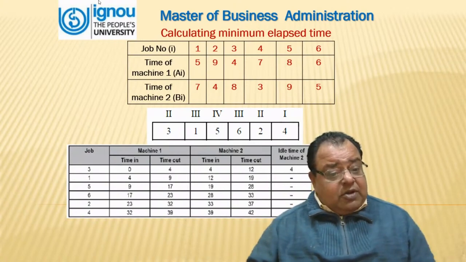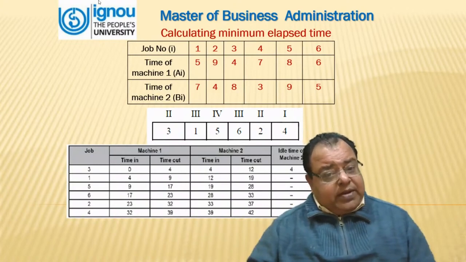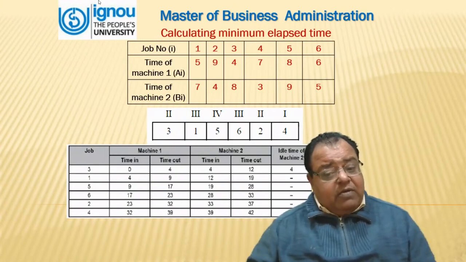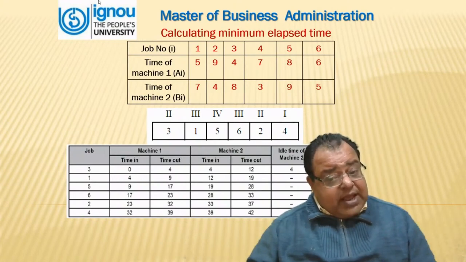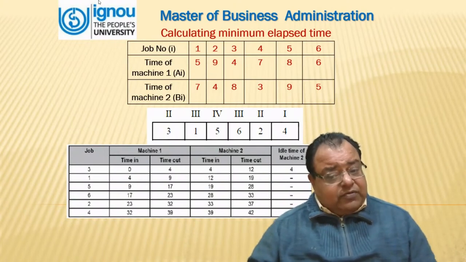We will start with job 3. The sequence will be 3 1 5 6 2 4. Similarly, time in and time out will be calculated. And for machine 2, again the time in and time out will be calculated. In the last column, we will be calculating for how much time machine 2 was idle. For job number 3 it was 4, and for job number 4 it was 2.